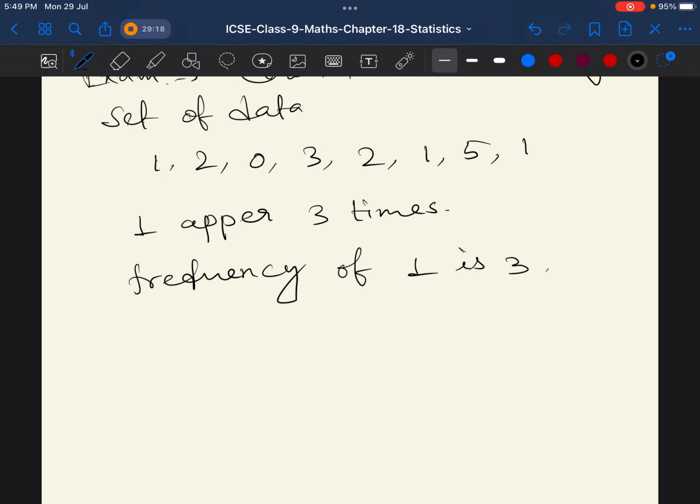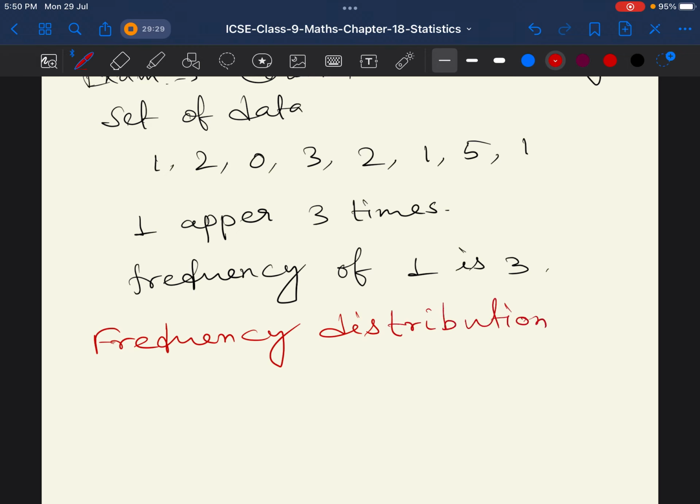Now, frequency distribution. What is frequency distribution? A tabular arrangement of data. This data will be in a table.